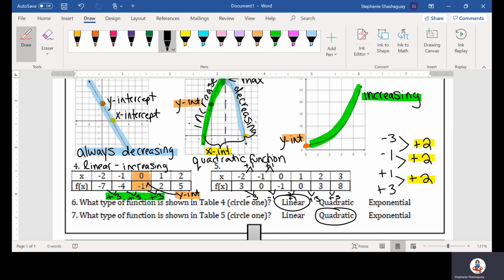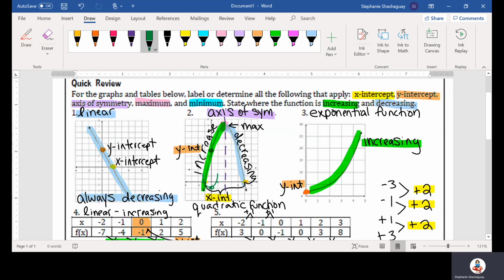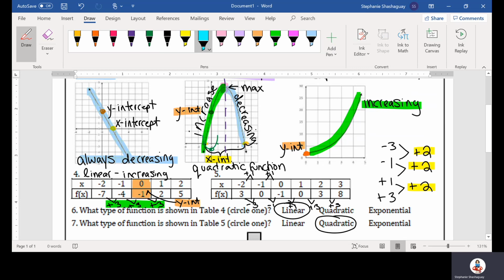So if my vertex is at 0, -1, and I'm just going to give you an example on this quadratic function above, and then I'm at -1, 0, and I'm at 1, 0, that means that function is opening up, so I'm going to have a minimum value, and this minimum value is right here. So that's my minimum.